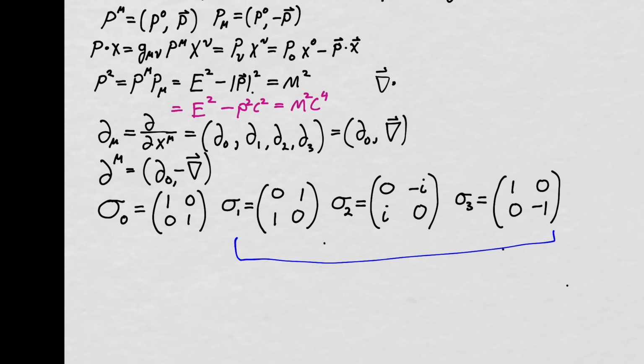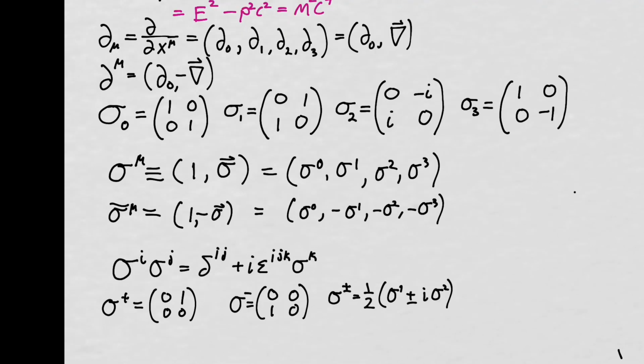And there is another convention here, which I didn't write down. I better write it down. Okay, so the convention that I should write down is that you can go with an upper space-time index on sigma. You have four sigma matrices. They can be organized with a space-time index, where the first entry is the unit matrix.